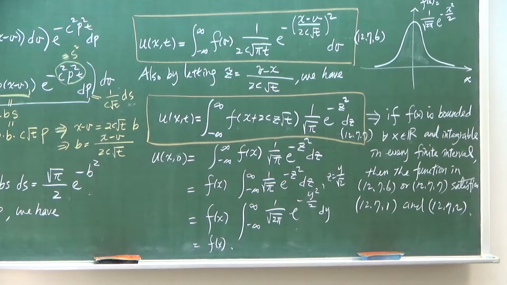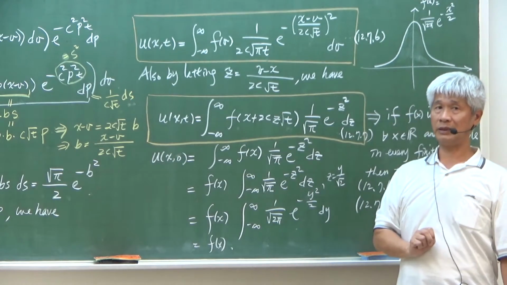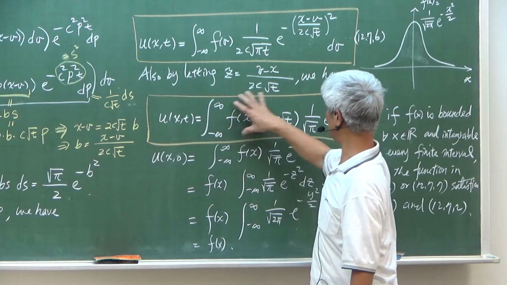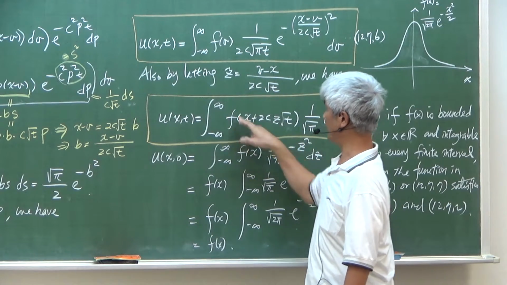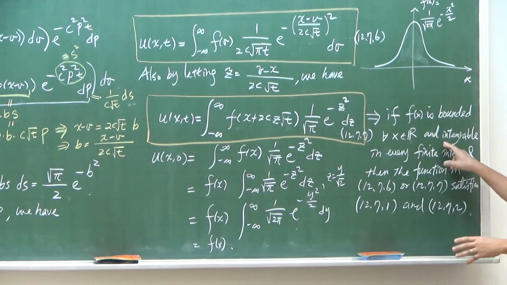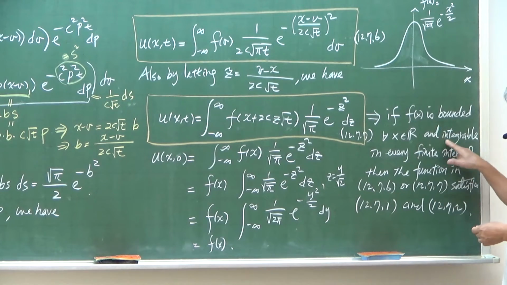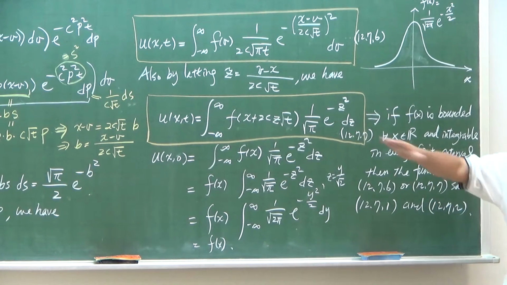Okay, but once we find some solutions, it is possible to extend the solution to other initial conditions. So we have this form because this is satisfied for any f that satisfies all the conditions here. So we can prove that if f is bounded and is integrable in every finite interval, it's not required for f to be absolutely integrable over the whole real line.